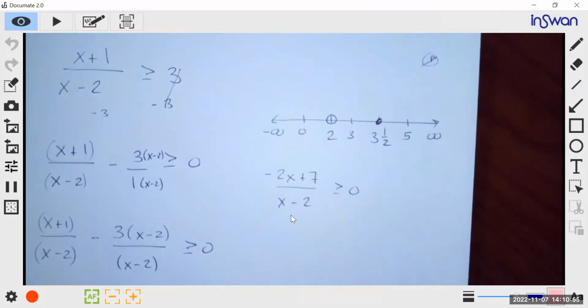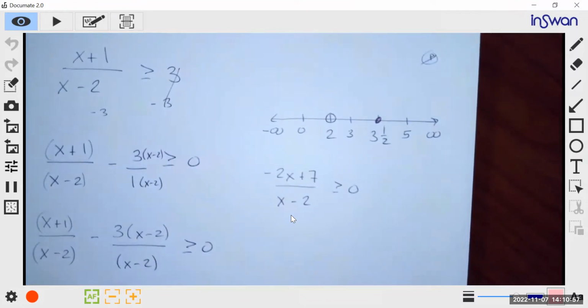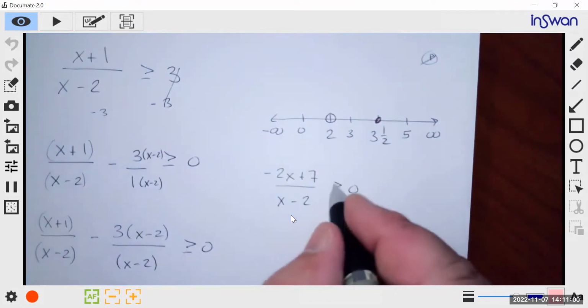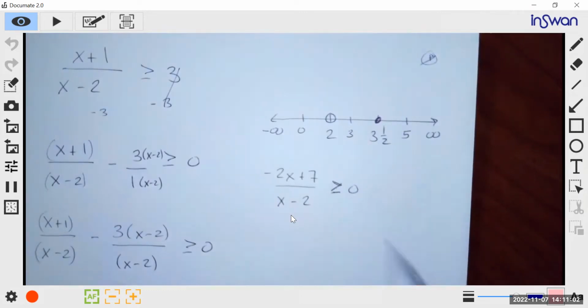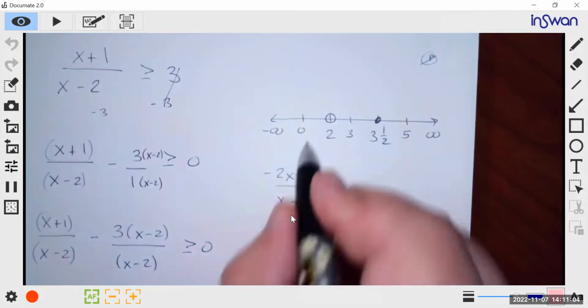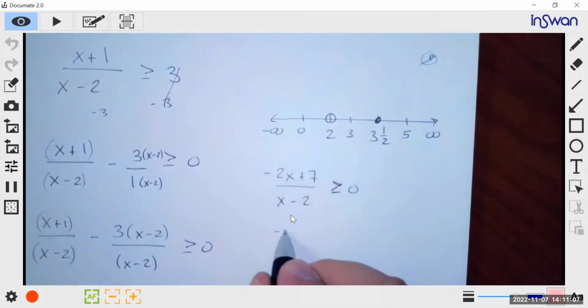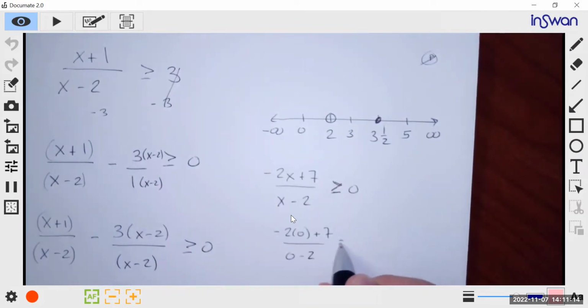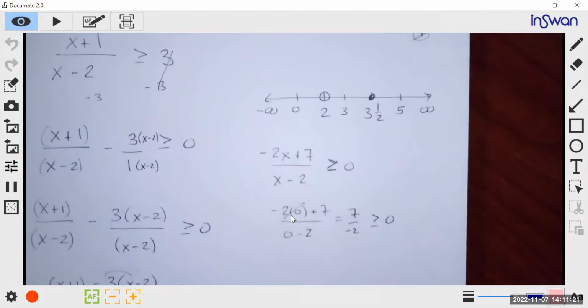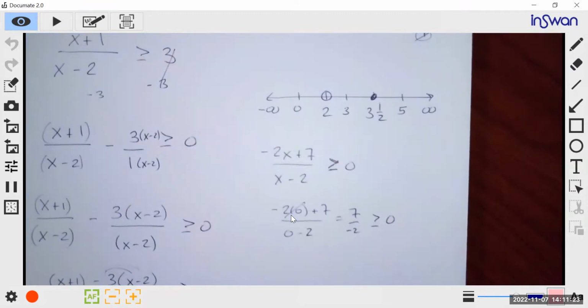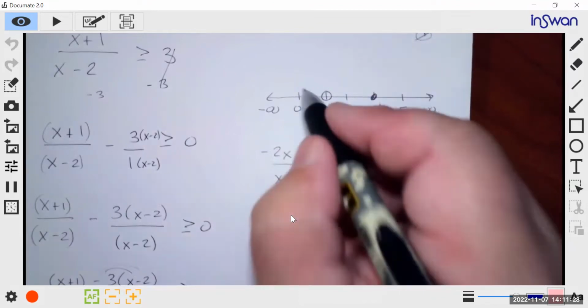So do we want numbers to be bigger than or less than 0? Bigger than, because the answer has to be greater than or equal to 0. So let's plug in 0. So we have on top 0 plus 7, so we have 7 over negative 2. Is that greater than 0? No, because it's negative. So we can't use that.